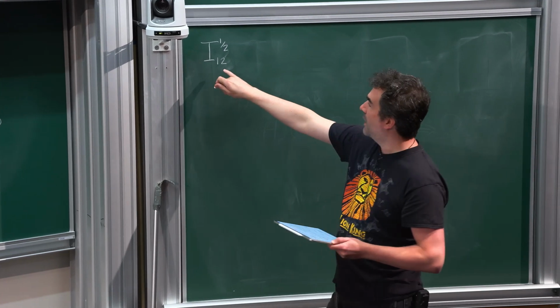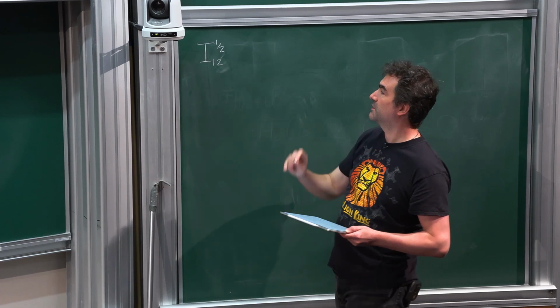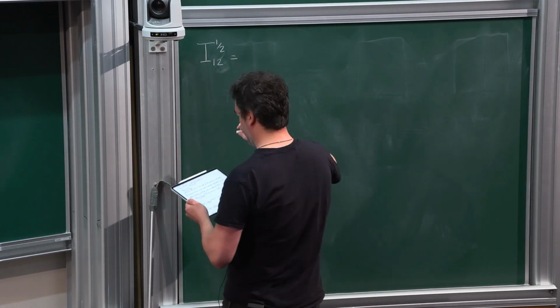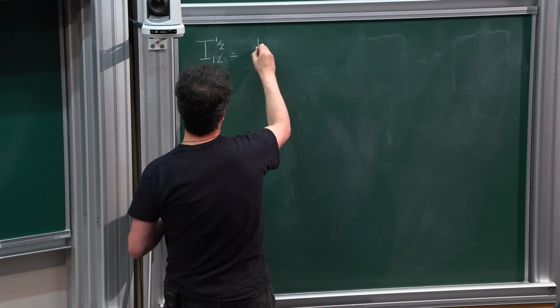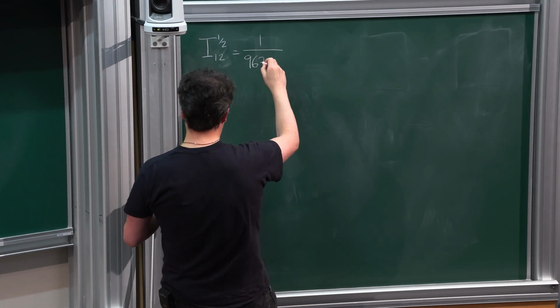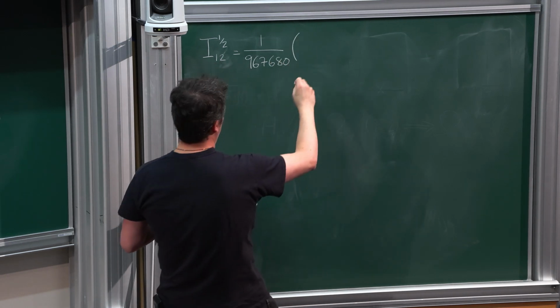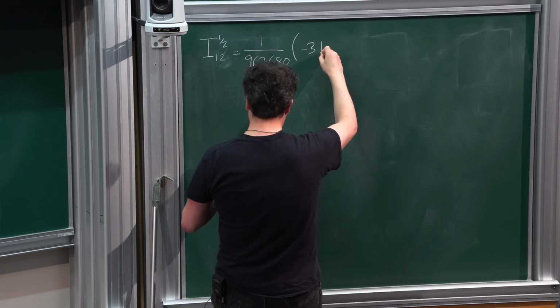So this is the anomaly, so the index density in 12 dimensions for a spin 1/2 fermion. The numbers here are something you can compute by doing the expansions of the A-roof genus and so on. They are not particularly transparent, but you can obtain them.